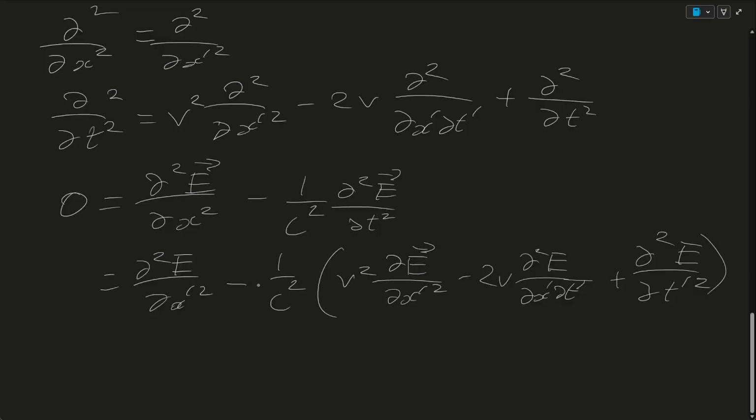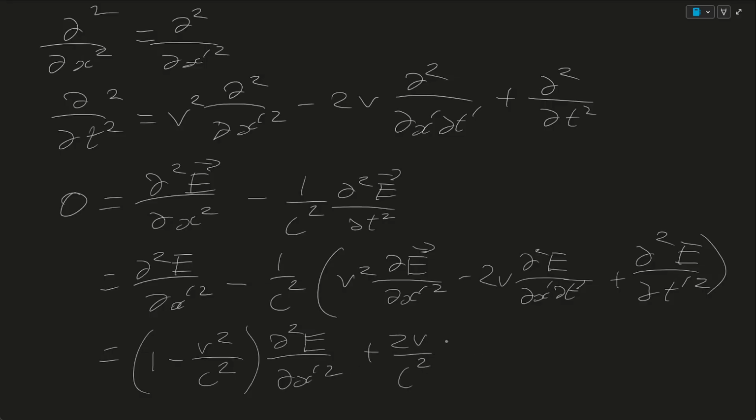There we go, and we can pull out 1 minus v squared over c squared. Whoa! Well, look, we're already seeing Lorentzy things. That looks a bit like gamma. Over x dash squared plus 2v over c squared. Don't forget those.